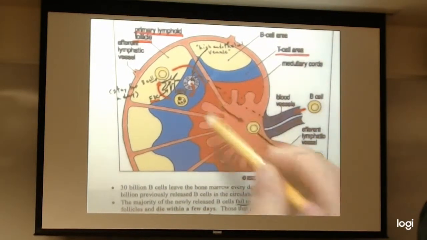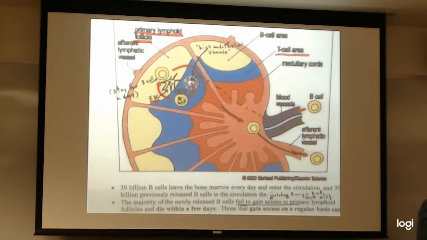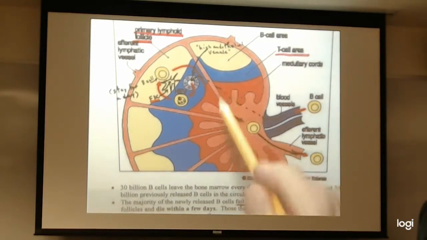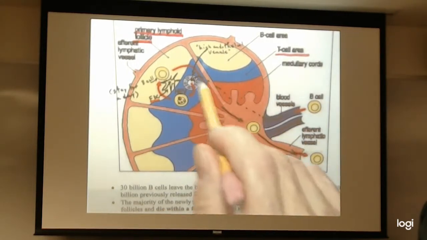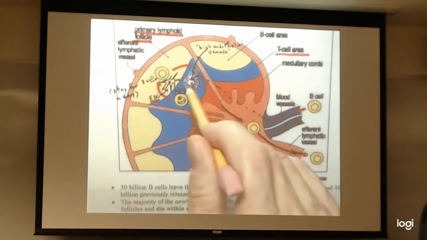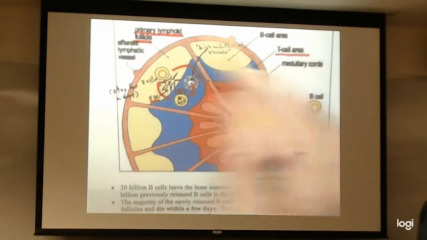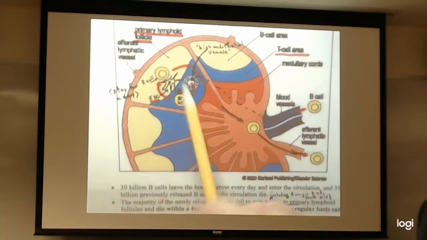So all the B cells that are in circulation, either just emerged from the bone marrow or they've been around for some time, are always, on a more or less probability basis, going to enter some lymph node in their circulation through the body pretty quickly.